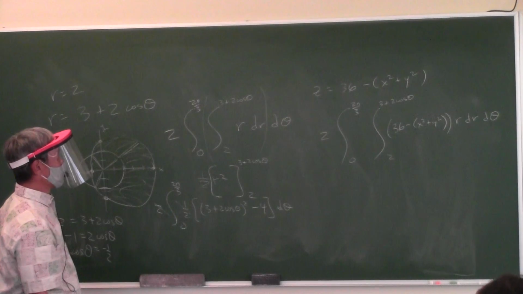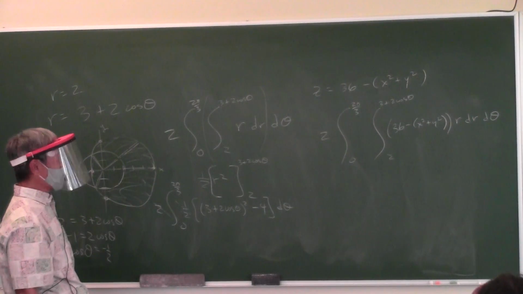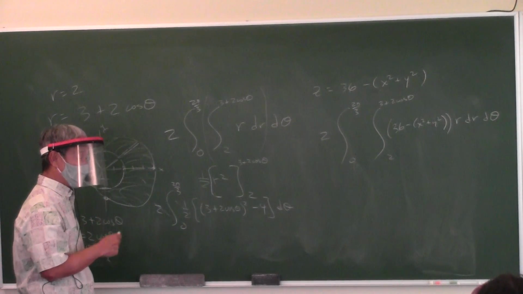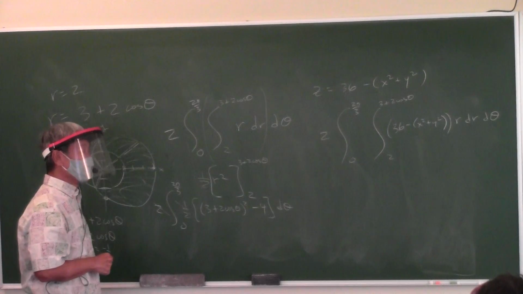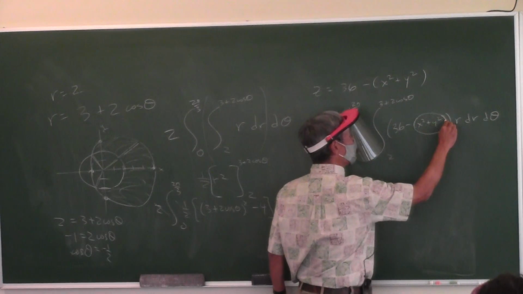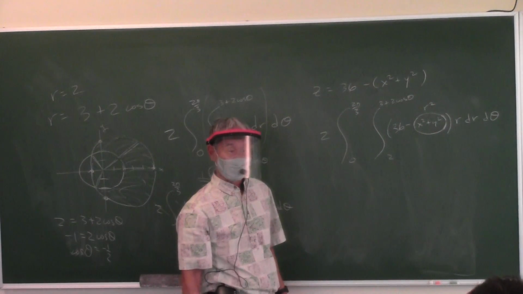Okay, now how do you compute this integral? Mr. Park, what do I do with the x squared plus y squared? Should I substitute x equal r cosine theta and y equal r sine theta? No! Because that's r squared, and that's perfect when you're integrating with respect to r.